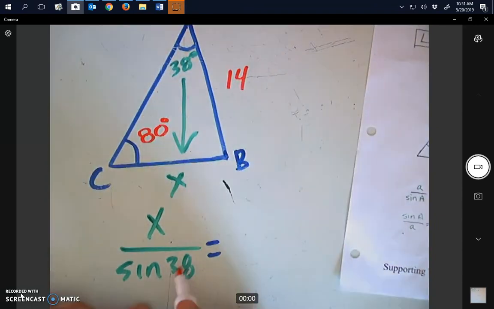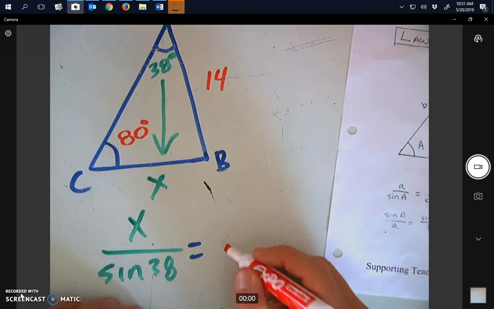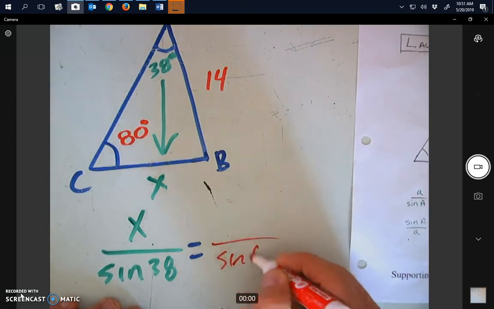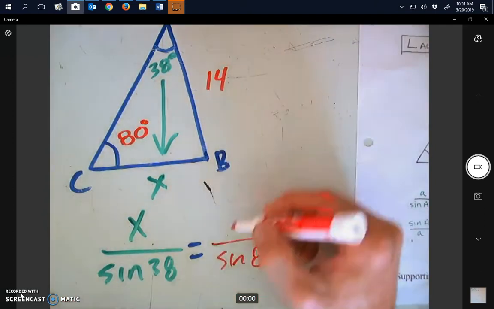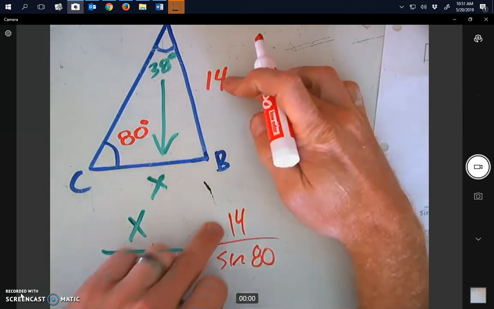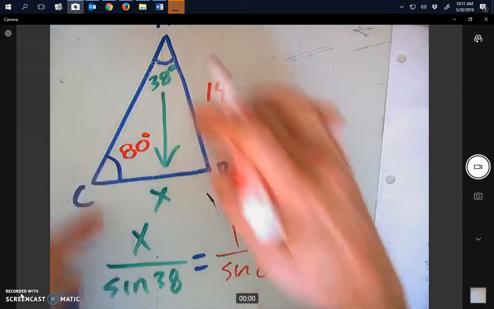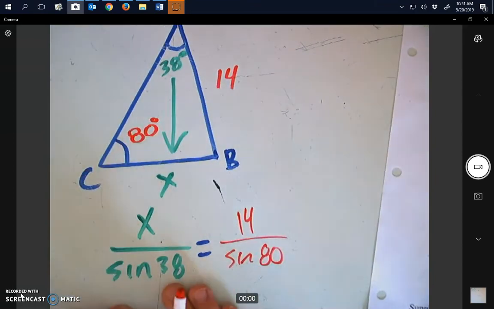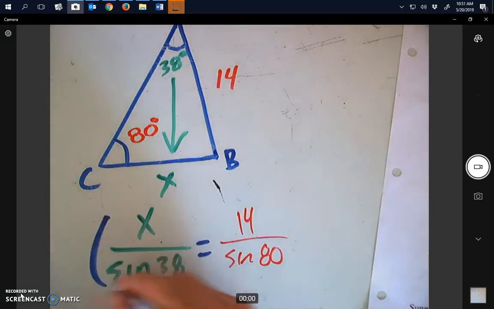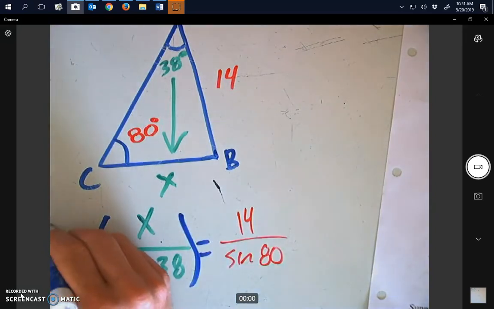Well, remember, our degrees need to stay in the bottom, so that's going to go in the bottom. So sine of 80, and our side is on top. So we have side, side, both in the top. Angle, angle, both in the bottom. Now we want to solve for x. To do that, we need to multiply both sides by sine of 38.